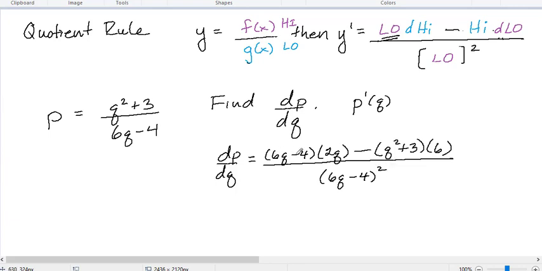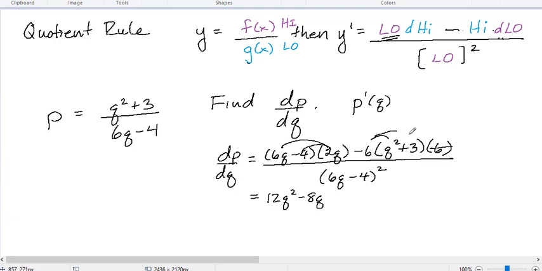Now see again how there's a 6q minus 4 and a 6q minus 4. You can't cancel this because of that subtraction. Instead, we're going to distribute: 12q squared minus 8q. And then over here, I need to distribute the negative. I also need to distribute the 6. So I exercise my right to move that 6.